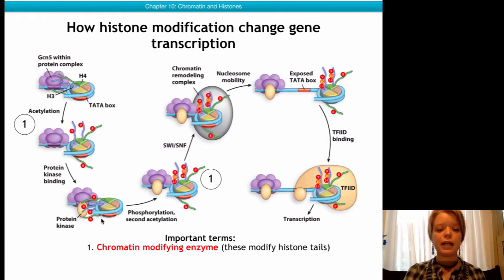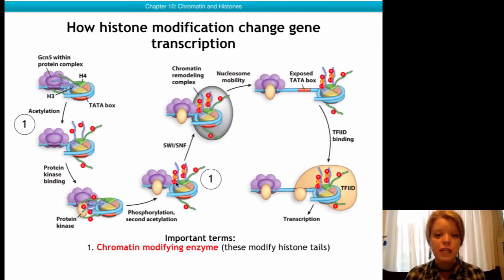Now the protein kinase has bound, and because it's a kinase, another important class of proteins I hope you remember, it has phosphorylated the serine in position 10 of the H3. It took ATP and added phosphates onto the H3 tail.